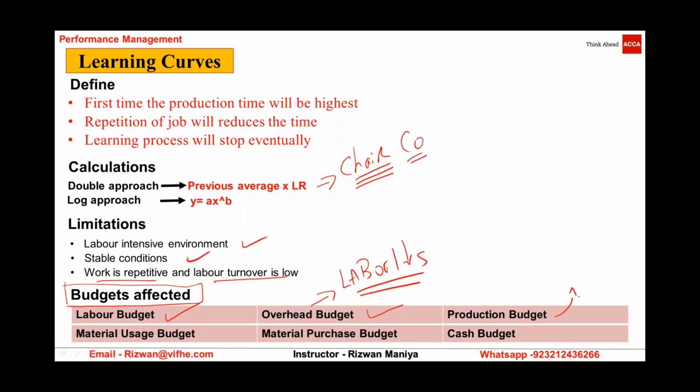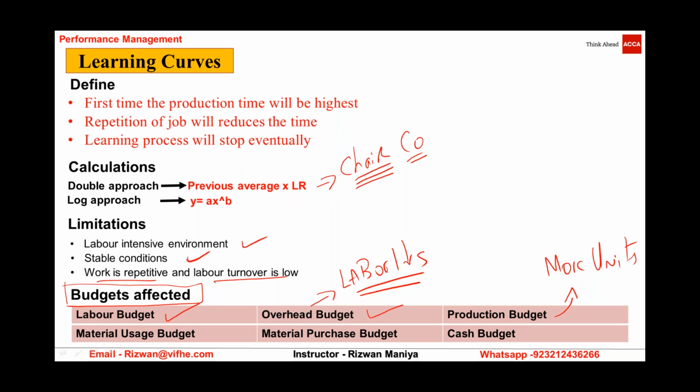Production budget. Now, why? It's very simple. If you consider the impact of learning curve, as the labor learns, they will produce each unit quickly, and once they produce each unit quickly, they will produce more units, and the impact will go towards the production budget.